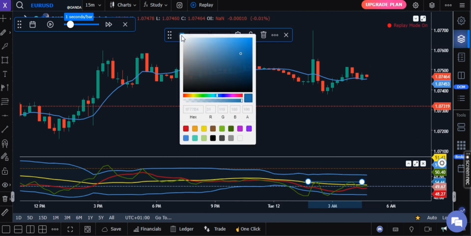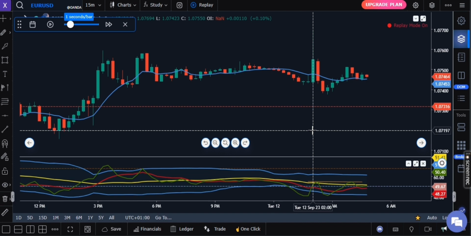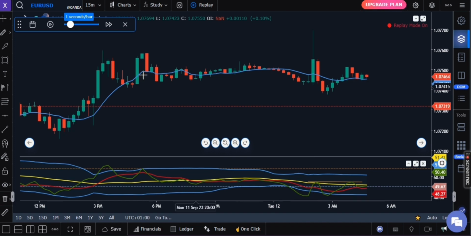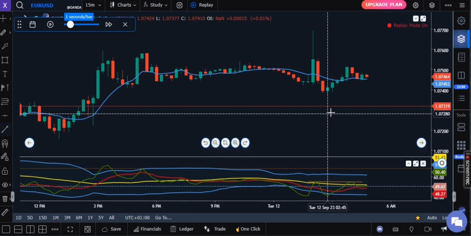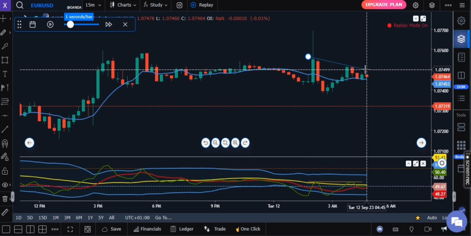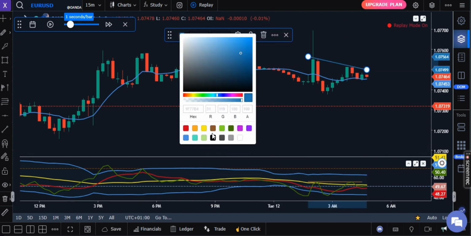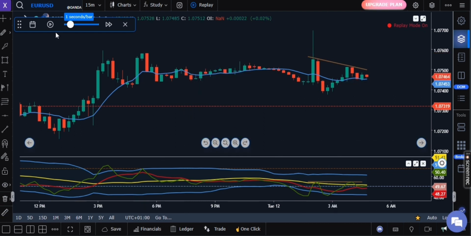So what we just need to see, we just need price to break the simple moving average before we can take any entry, right? So let's go on.